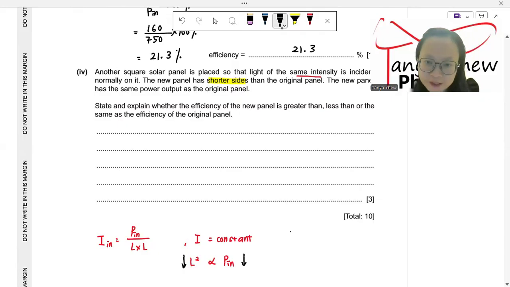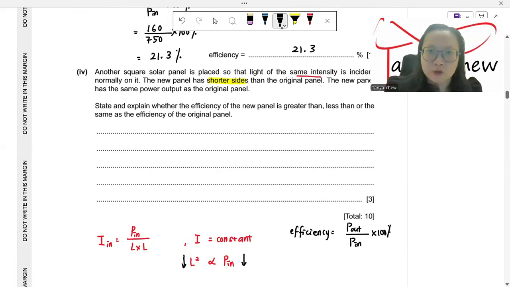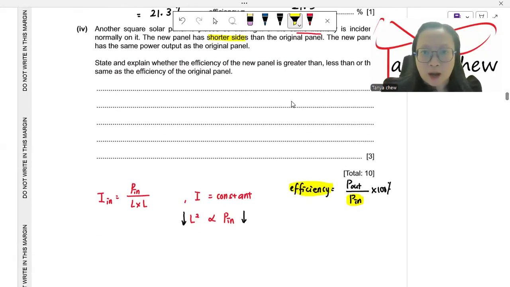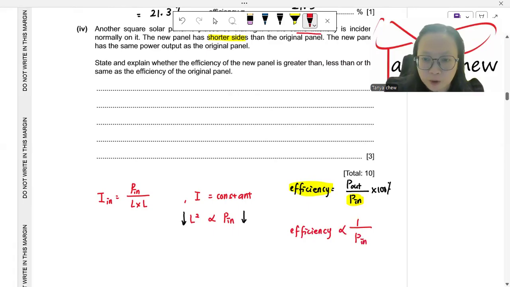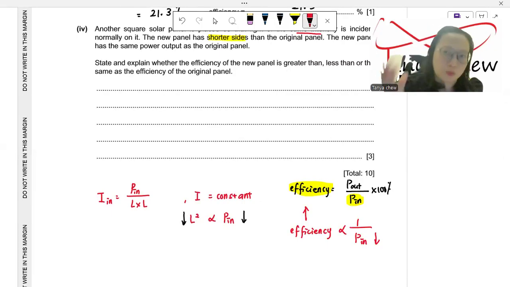Based on efficiency is equal to output power, which is constant, over input power, times 100%. You could see that input power and efficiency, they are inversely proportional to each other. I would write that down. Efficiency is inversely proportional to the input power. Since the input power is decreasing, efficiency would have to increase. That's the answer. And I'm going to write that down right now.